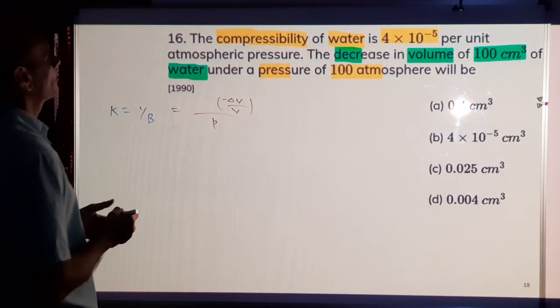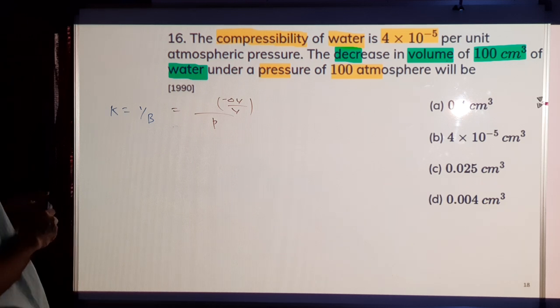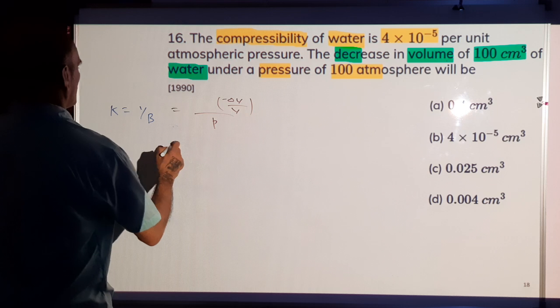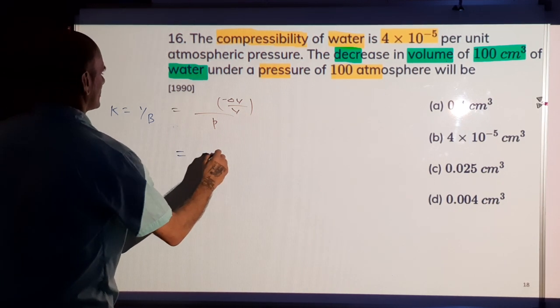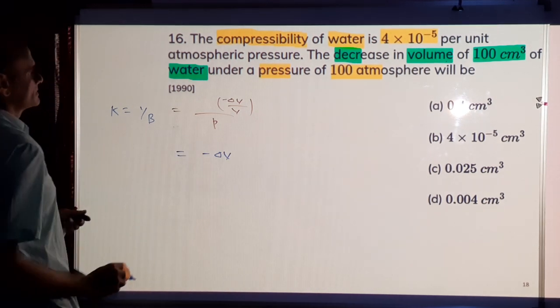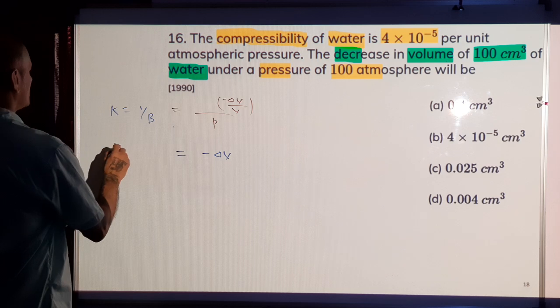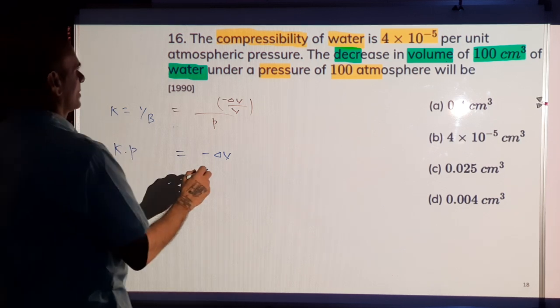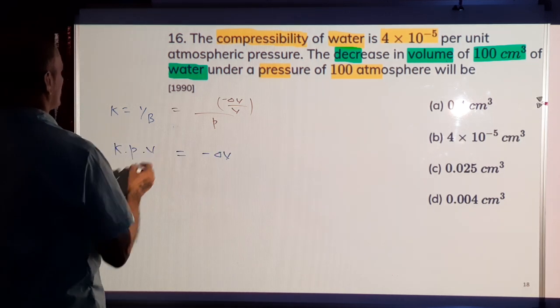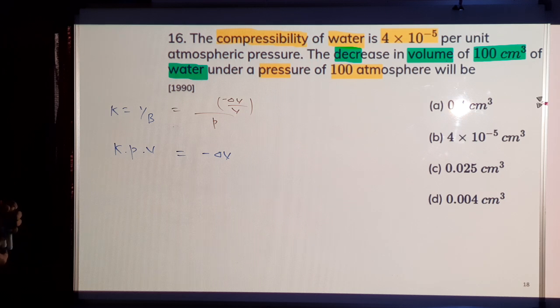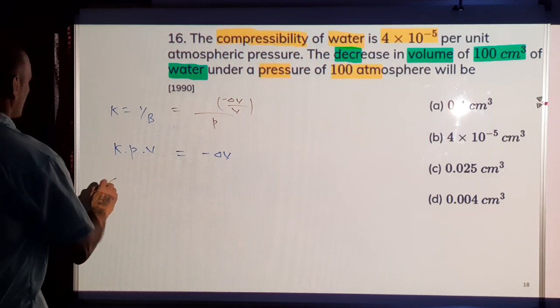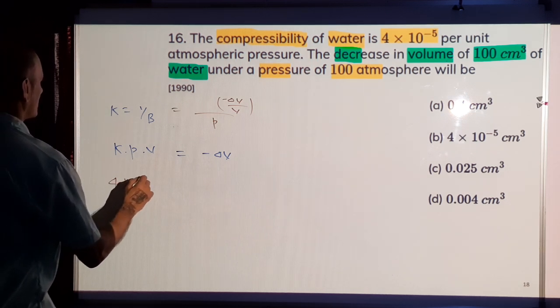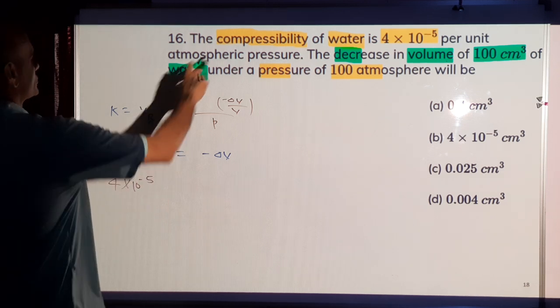So K is given. Decrease in volume, so we have to find delta V or minus delta V. Because delta V is negative, so minus delta V is positive. It will become K into P into V. So compressibility is 4 × 10⁻⁵ per atmospheric pressure.